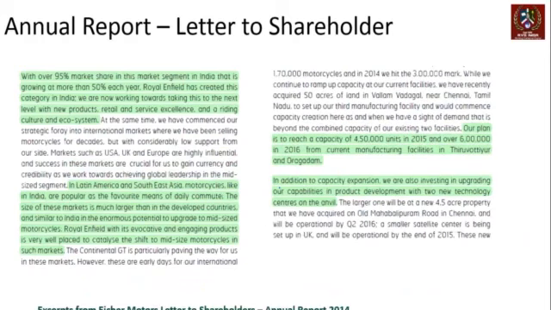So they talk about the fact that with over 95% market share in a segment that is growing at 50% each year, Royal Enfield has created this category in India. Now, the motorcycle segment is divided into multiple segments based on the capacity of a vehicle. So you have 100 cc vehicles, you have 150 cc vehicles.